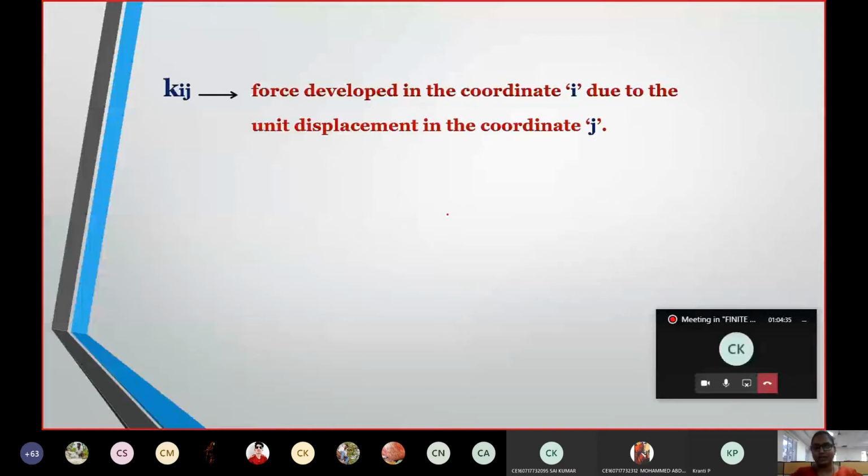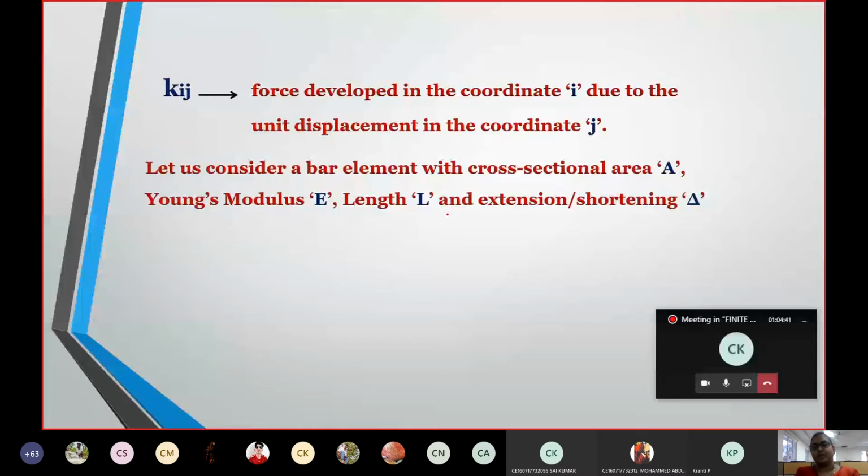Now, we are clear with the terms that will come into the stiffness matrix. Before we go into the terms, we need to see what exactly is the force that we can get. Let us consider a bar element of cross-sectional area A, Young's modulus E, length L, and extension or shortening, that is the displacement, as delta.